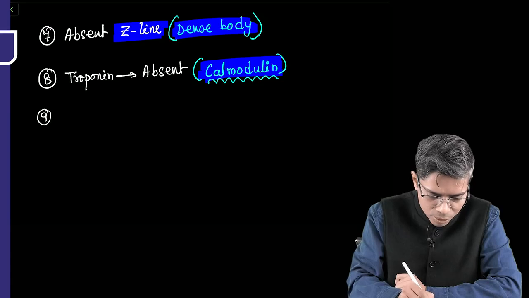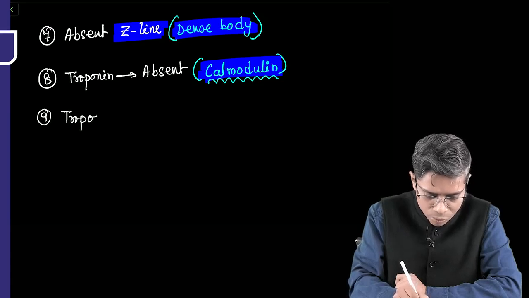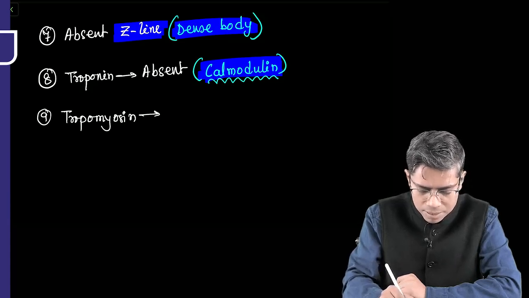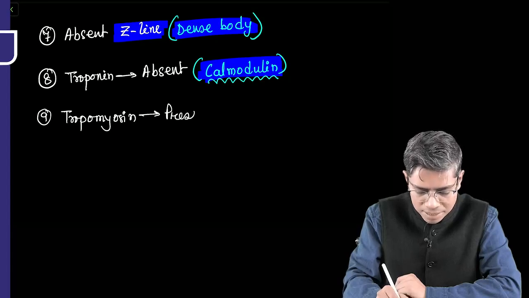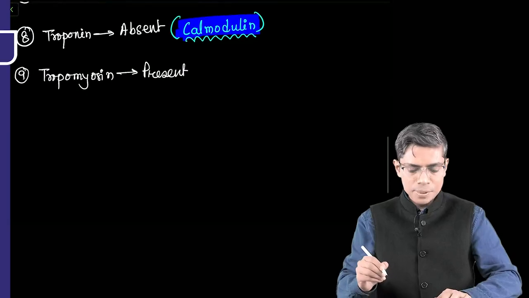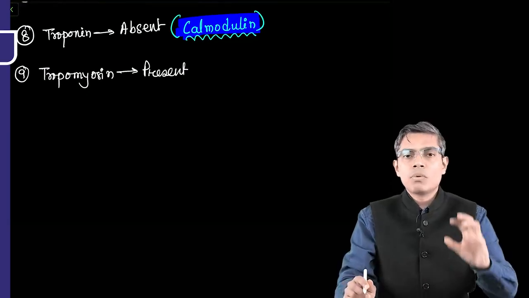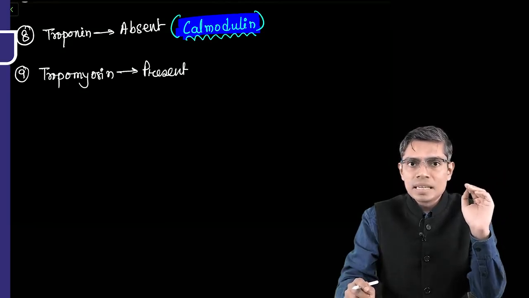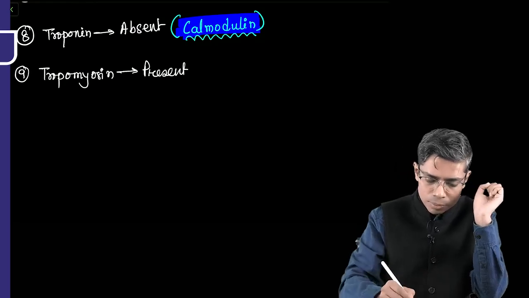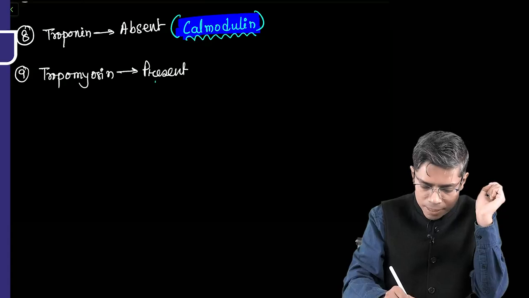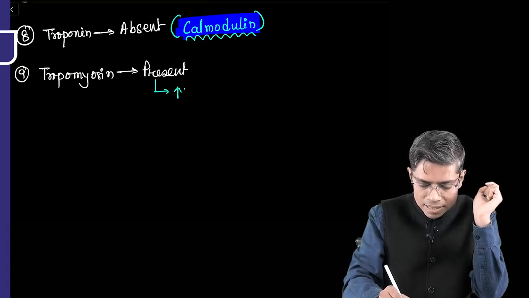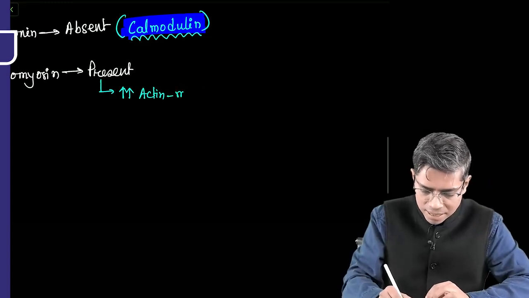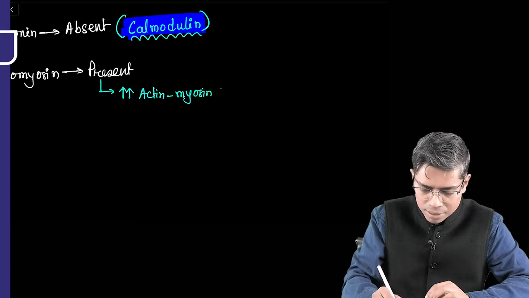Now, next, what about tropomyosin? Is it present or absent? The answer is yes, it is present. Tropomyosin is present in smooth muscle. What was the function of tropomyosin in skeletal muscle? It was preventing actin-myosin interaction. But look, in smooth muscle, tropomyosin is present and it enhances the actin-myosin interaction.